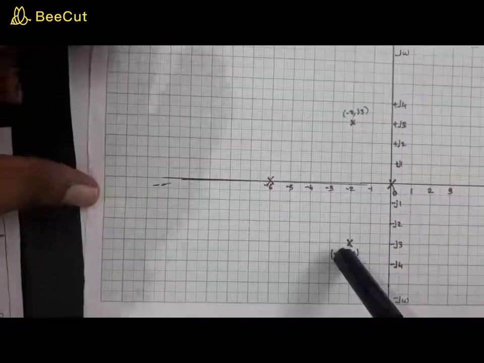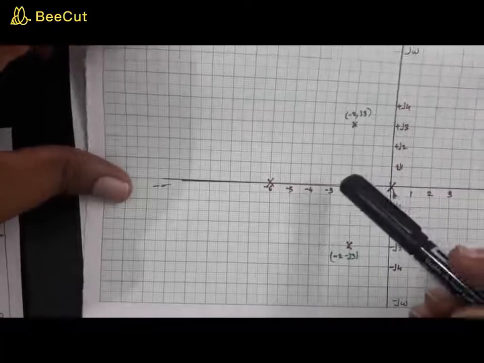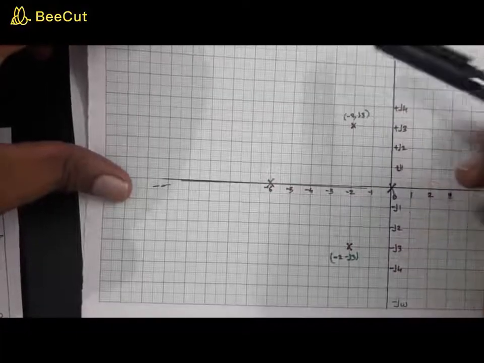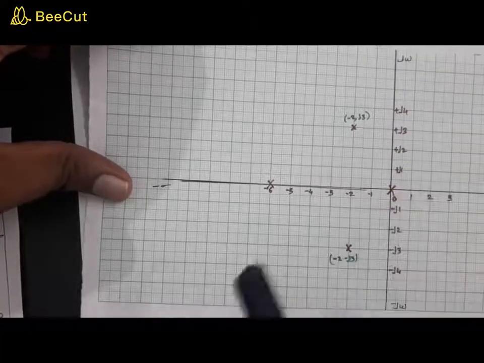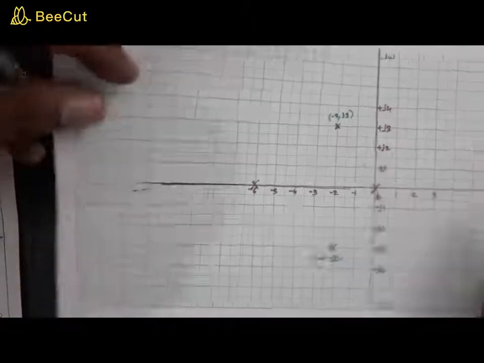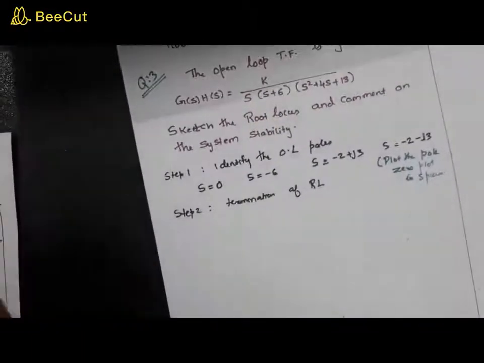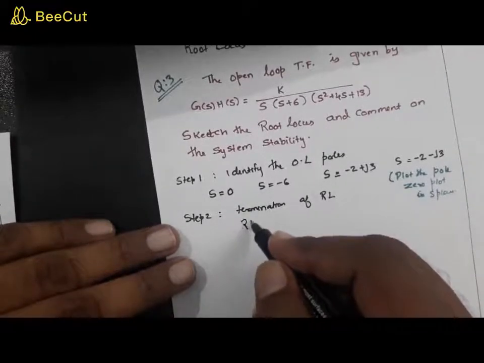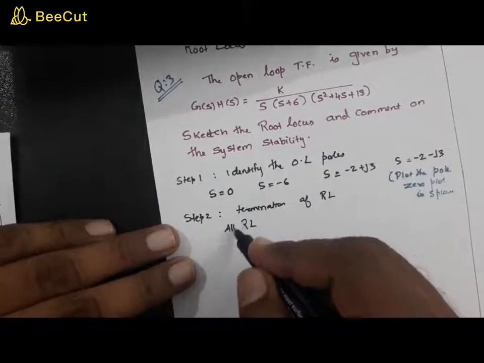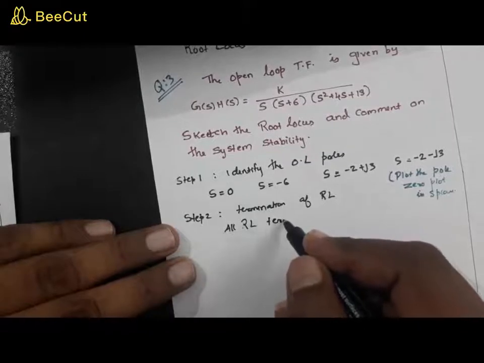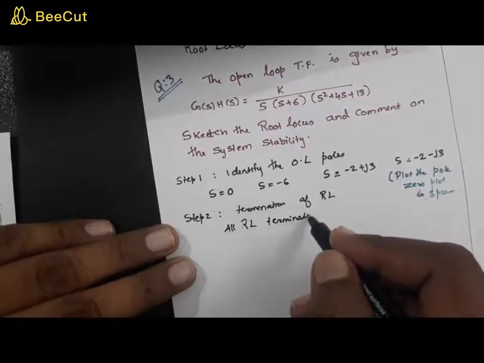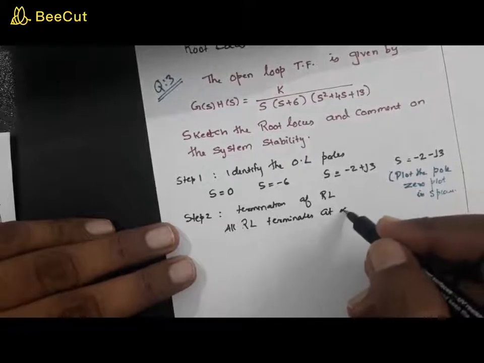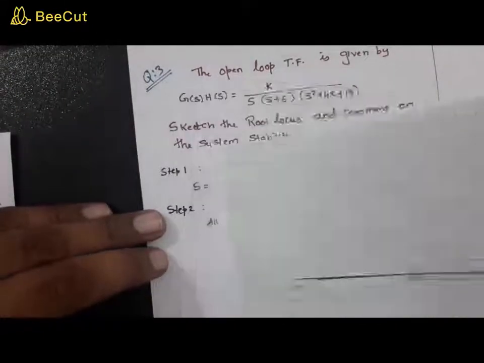We do not know by this step whether each goes to positive or negative infinity, on the left half or the right half, but we can say that all the root locus terminates at infinity. Why? Because there are no zeros nearby these poles.